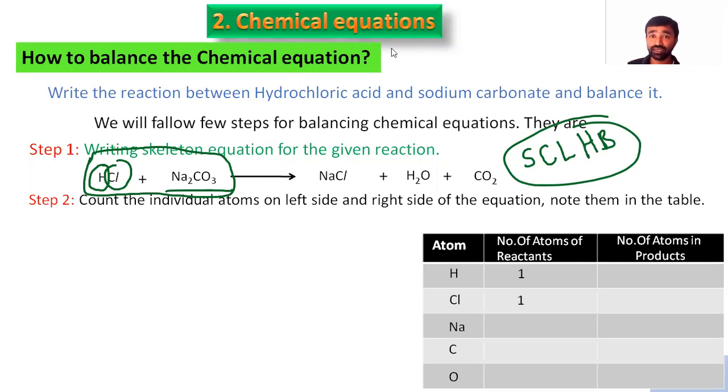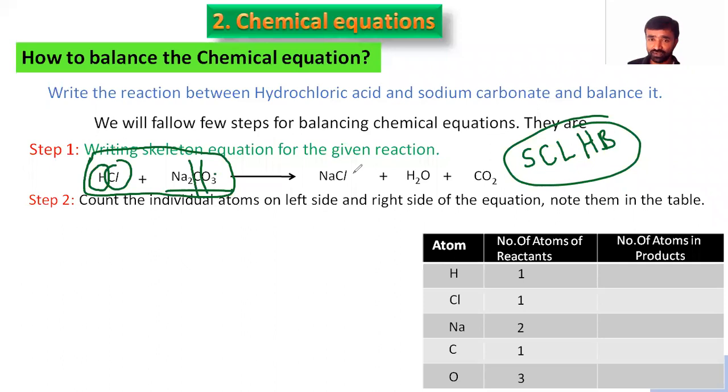Next, Na2CO3, just break them. There are no brackets, remember that. If brackets were there, we would distribute that subscript. Then the count of Na is 2. Count of carbon is only 1. Count of oxygen is 3.